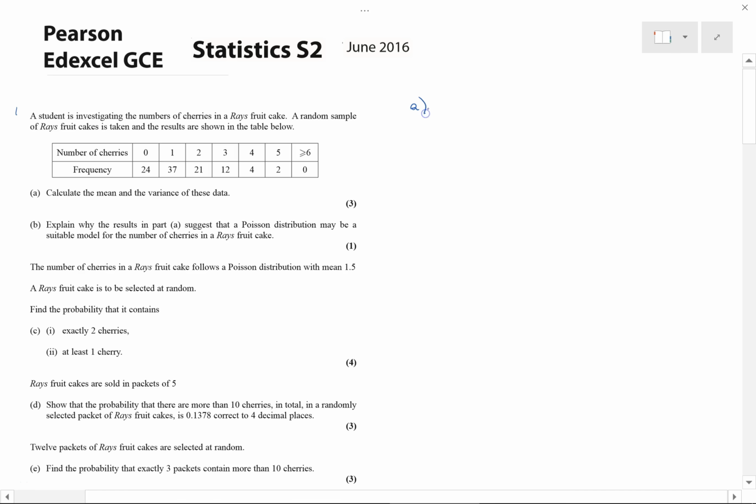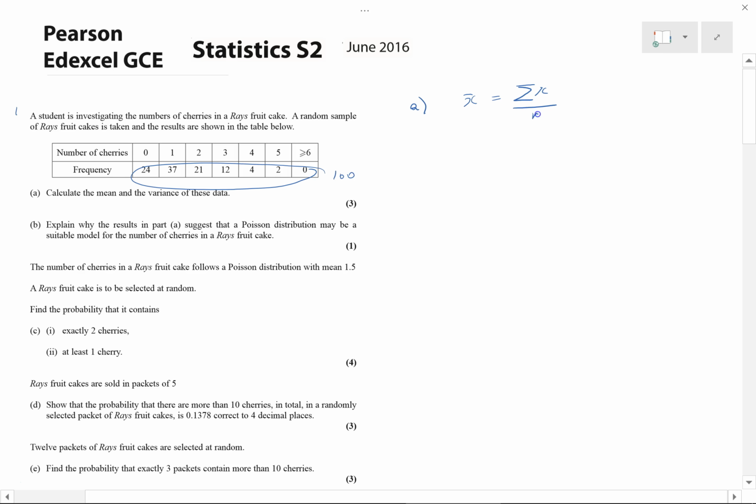So the mean is equal to the sum of all the values times the frequency, divided by the total number, and the total frequency here is all of these numbers added together, which we can see is 100.